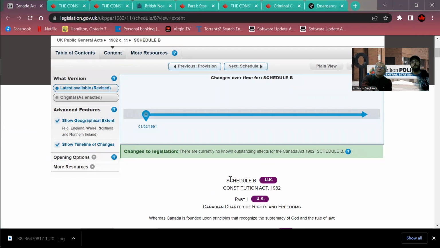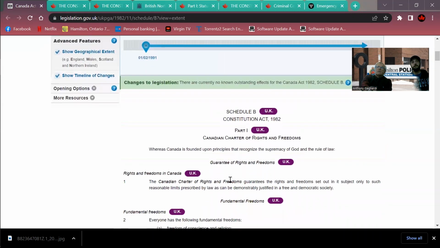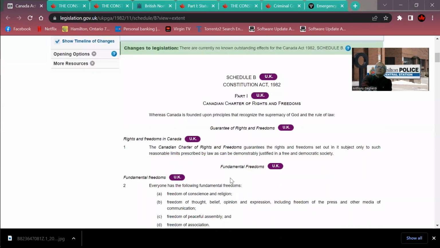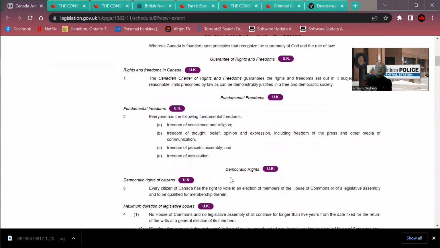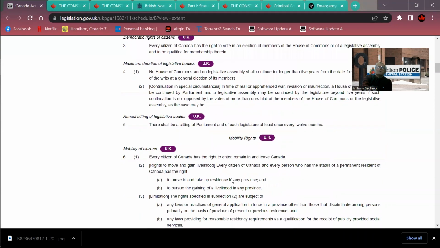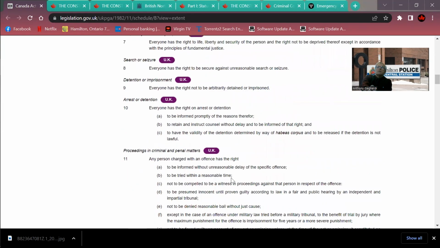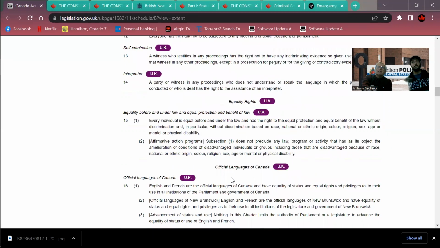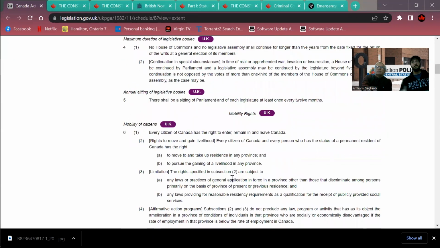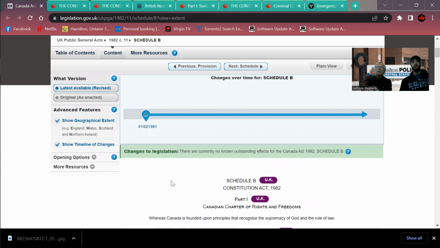It's only the UK where this 1982 Constitution Act has its power and extent. And as you can see, all of these buttons, it's got UK, UK, UK. Nowhere is Canada. So the 1982 Constitution Act is only an act of UK Parliament. It's never been enacted in the Canadian Parliament.